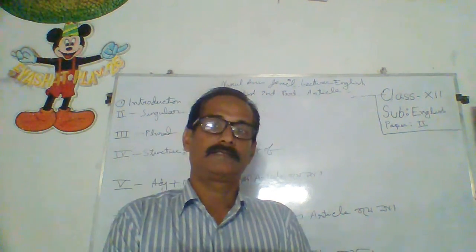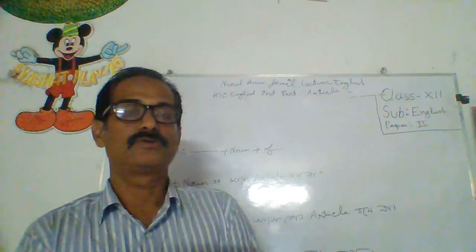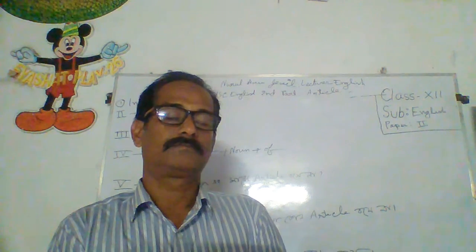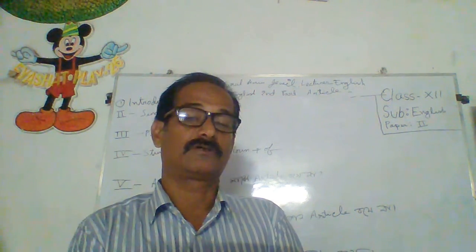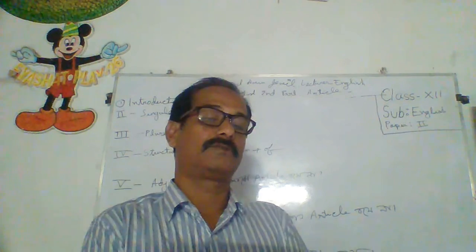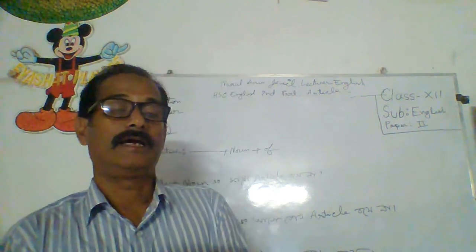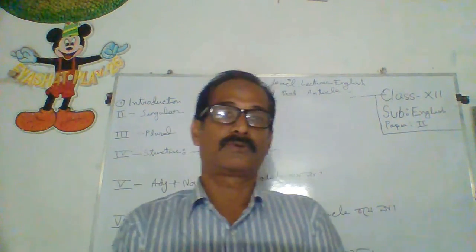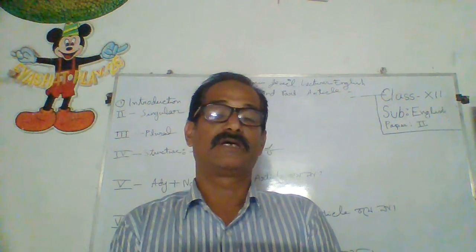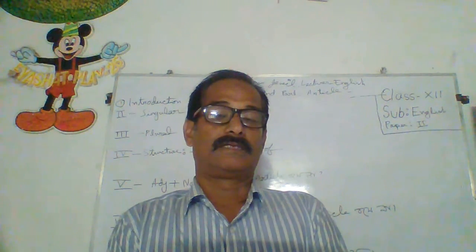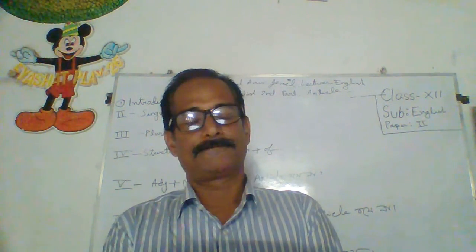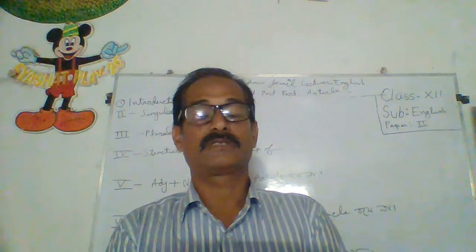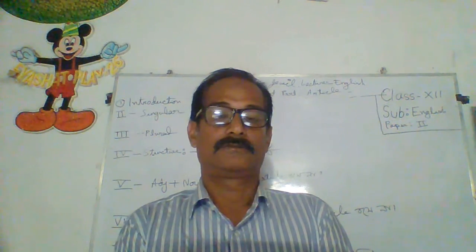However, the article a is used before a word when the word starts with a consonant, or a vowel with a consonant sound, and the article an is used before a word when the word begins with a vowel, or a consonant with a vowel sound.